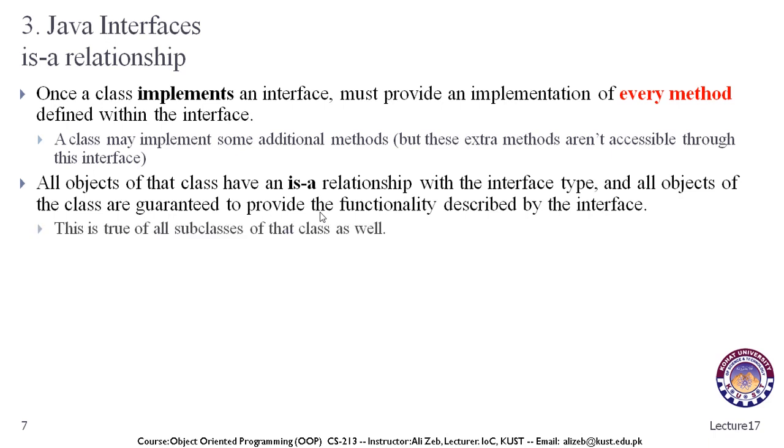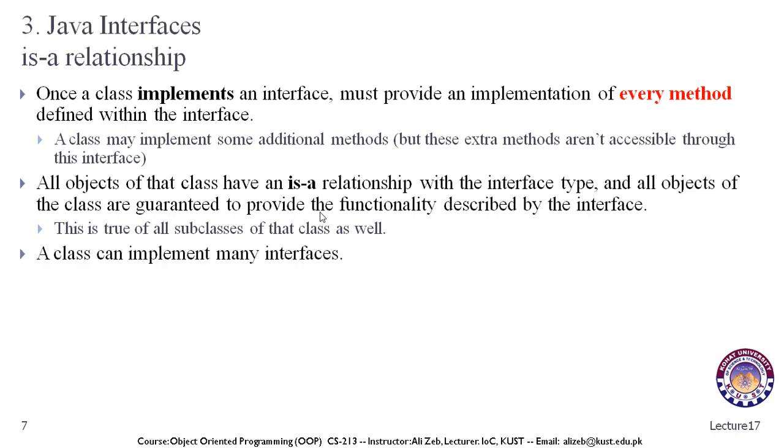This is true for all subclasses of the class as well, and we have seen this: whenever we extend a class, the objects of the subclass are able to access the functionality of the superclass.